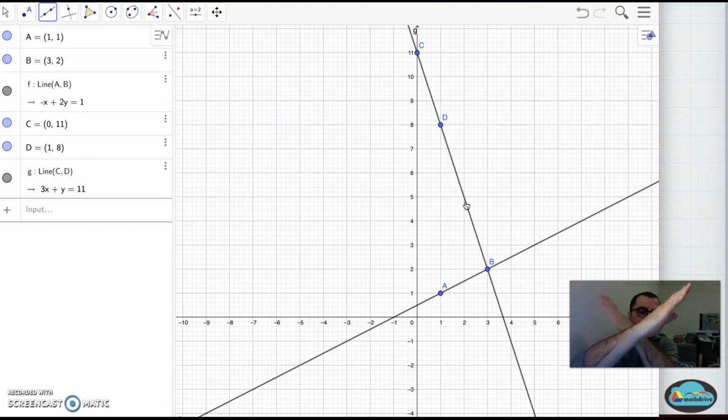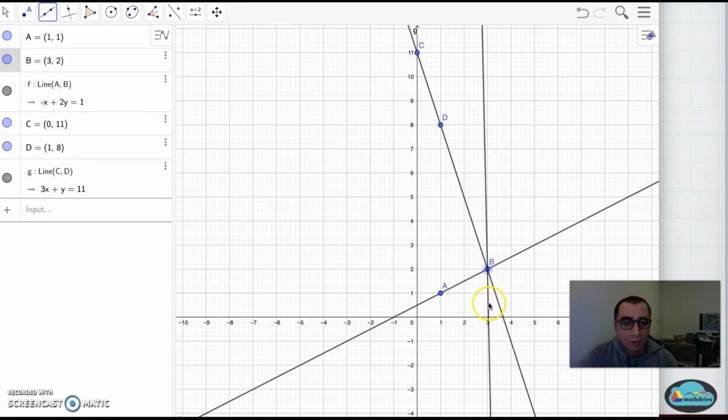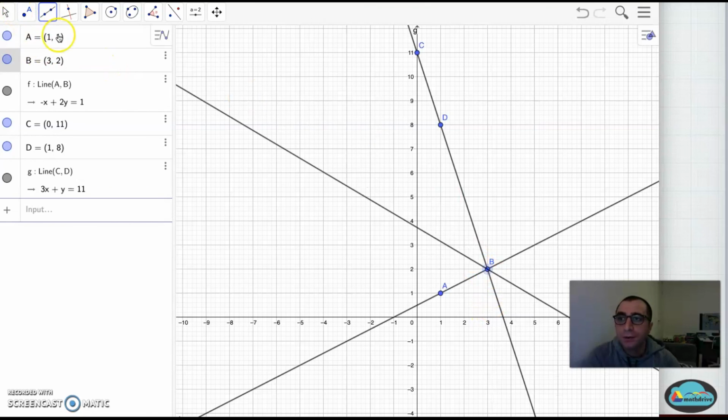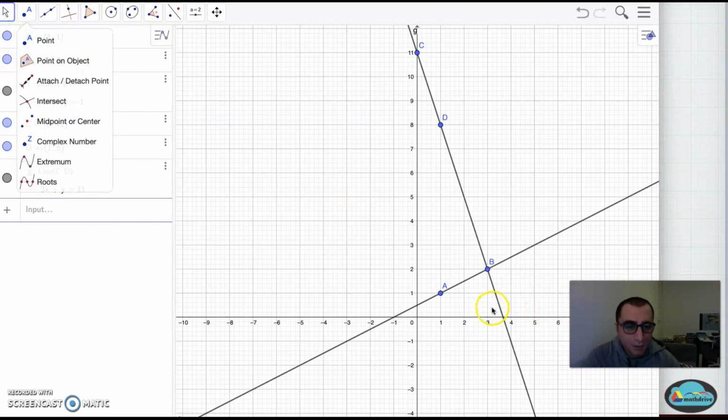So these 2 lines are intersecting at 1 point. And the intersection point is going to be the solution. So x is equal to 3 and y is equal to 2 are the solutions.